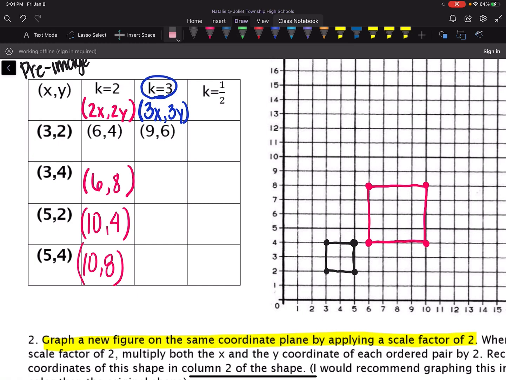To get my (9, 6), I started with this pre-image ordered pair of (3, 2), and I multiplied those coordinates by the scale factor of 3 to get (9, 6).